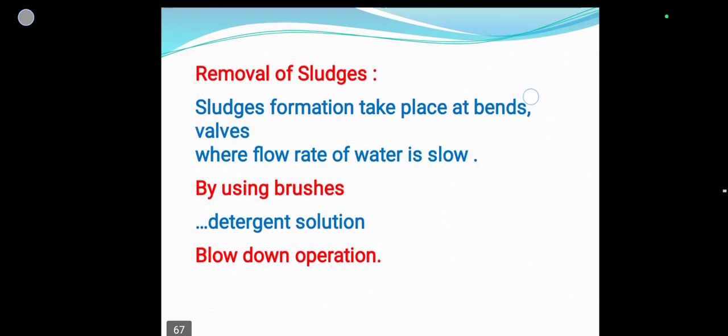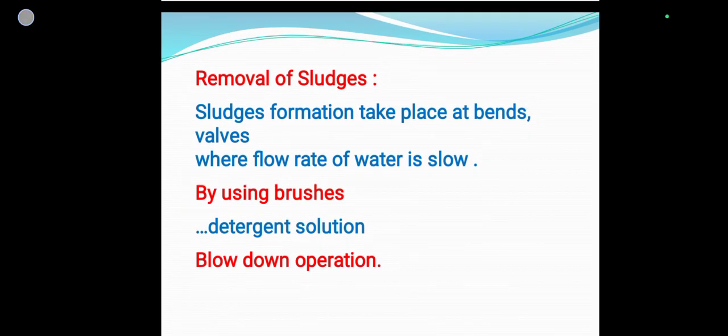Now how to remove sludge, and where does it actually get produced? Sludge gets produced in the area of the boiler where the flow rate of water is slow. In which area does sludge get produced? The area where the flow rate of water is slow.